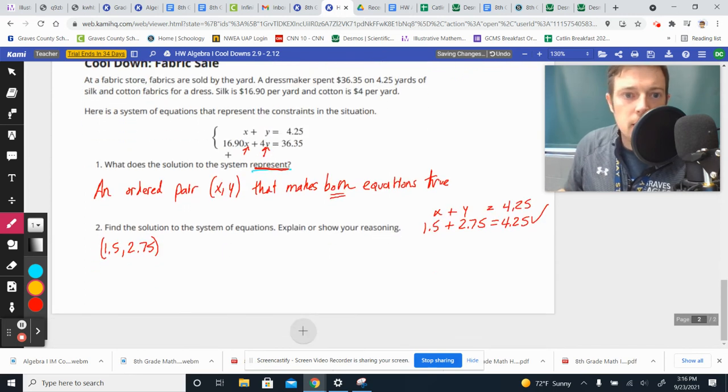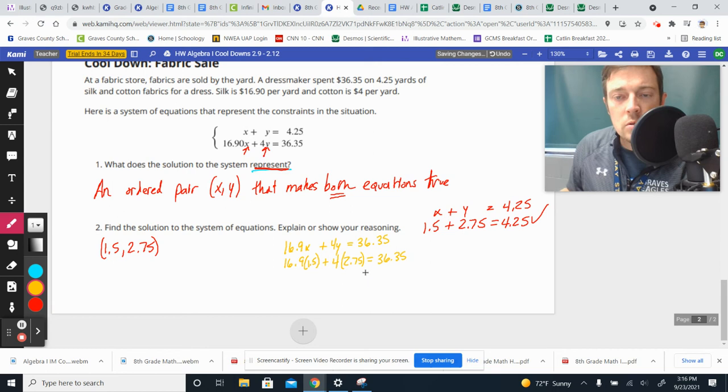Now, the other one that's a little bit more complicated is the last one there. You get 16.9x plus 4y equals 36.35. And so we're plugging in 1.5 in for X because you're buying 1.5 yards of silk, and you're going to plug in 2.75 for yards of cotton, and we're going to prove that these are the same thing.